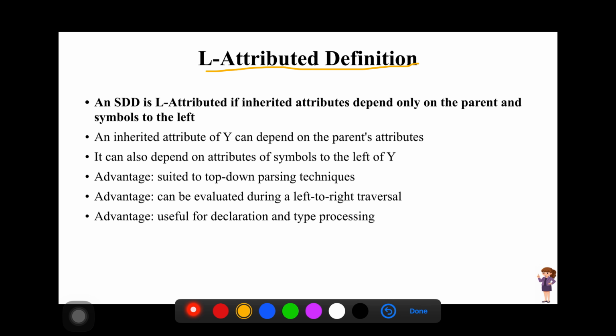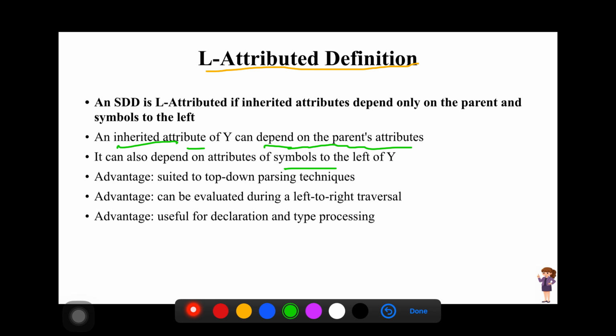L-attributed definitions are more general than S-attributed definitions because they can contain inherited attributes, but those attributes must follow certain restrictions. The important idea is that inherited attributes of a symbol can depend on information from its parent and from the symbols to its left.